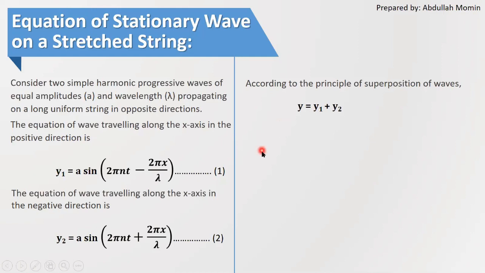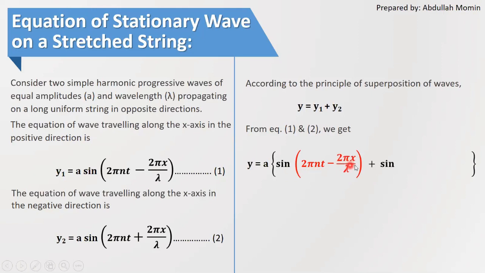Now we are going to put equation 1 and equation 2 in this equation. So we get y = A[sin(2πnt − 2πx/λ) + sin(2πnt + 2πx/λ)].